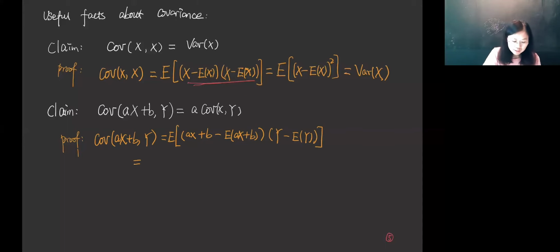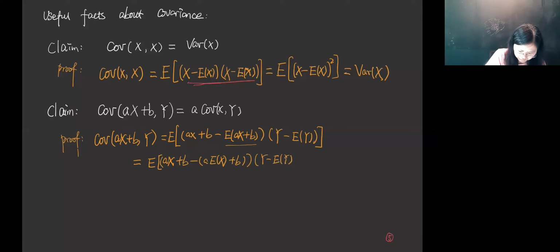And to see what this is, we want to first apply the linearity of expectation for this quantity. Applying the linearity of expectation, we get a times EX plus b. So that equals aX plus b minus (a times E of X plus b). Now consider this difference here. The b can be canceled out, and the a can be factored out.